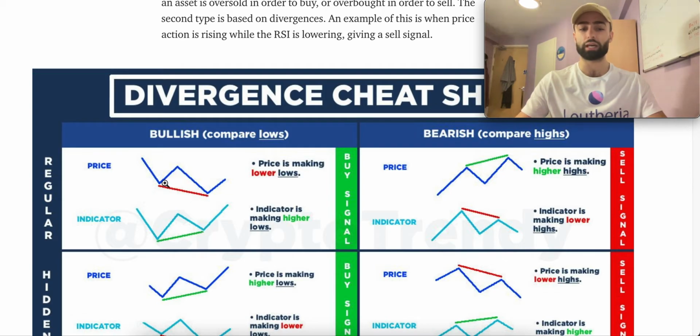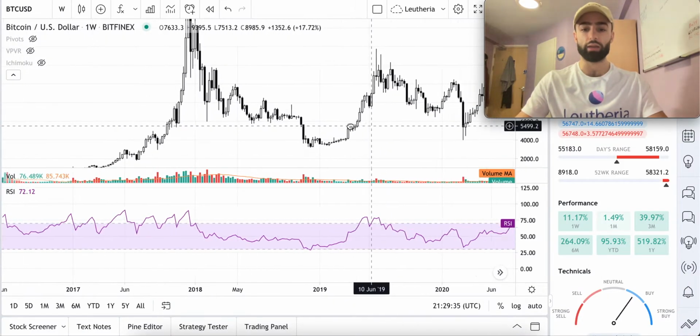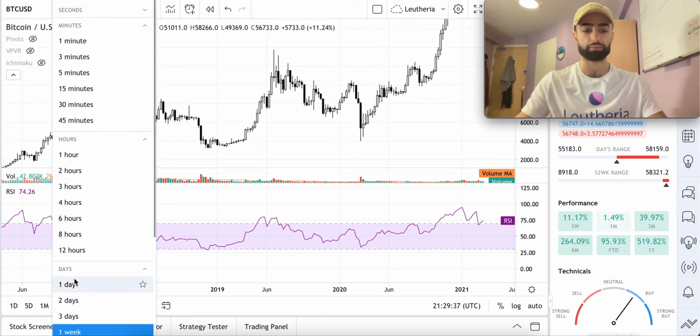What that's telling you is that on the second drawdown in price right here, we have more buyers in this area. We're gaining strength. There's less people selling down here. So when you see this divergence, with the RSI making a higher low and the price making a lower low, you buy during that time. Let's look at an example of a regular bullish divergence.